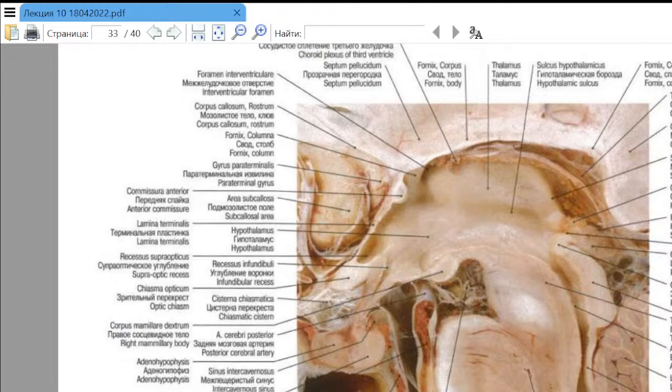This is hypothalamus. Infundibulum, hypophysis. Epiphysis.